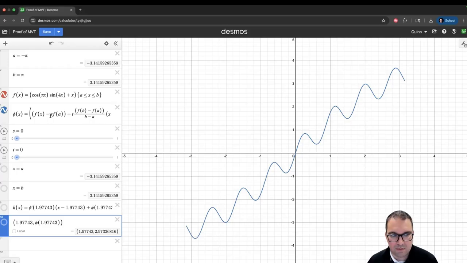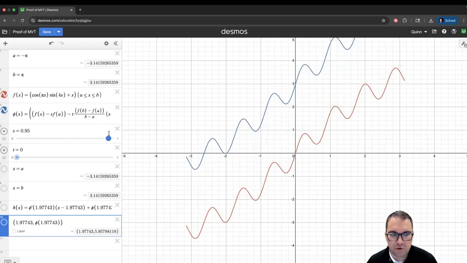But now what I want to do is I want to see what happens as I change the values of s and t from 0 to 1. So let's first see what happens as s moves from 0 to 1 with t left at 0. So if I move s from 0 to 1, what's going to happen is I'm basically transforming my function phi from f to f minus f of a.